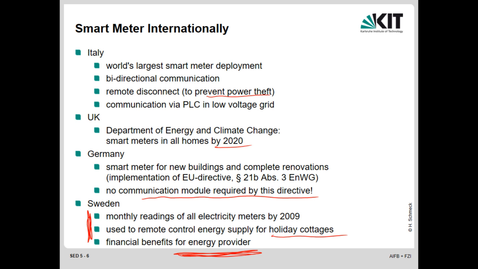And this is just a different attitude, a different culture. And so if you want to install a technology, you have to be aware of different technological cultures. So in Scandinavia, they have no problems with providing all the data. In Germany, it's a no-go. In the Netherlands, it's also a no-go. They had installed some metering systems, and there were privacy concerns. They had to take them out again.